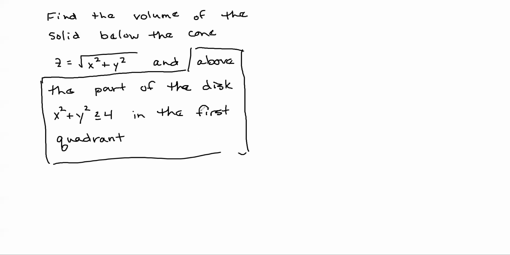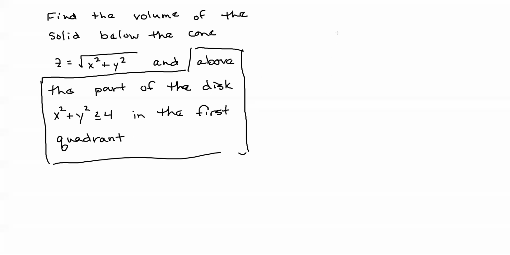In that problem, they have not described the base. They haven't said above something. You have to figure out what it's above. This is an easier problem because they have this piece here, and above. We can rely upon that to do our integration.